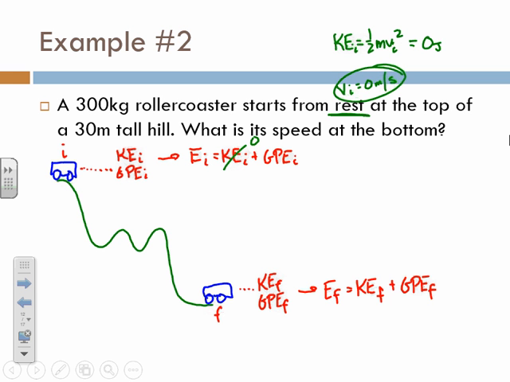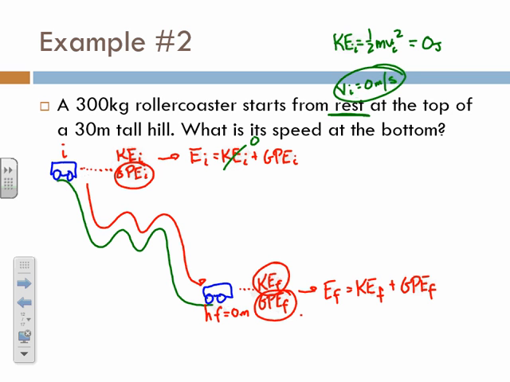At the end, we've gone all the way down to the bottom, right? And what we've done in that process, all right, is that we've actually converted all of our gravitational potential energy that we started with into kinetic energy at the ending. Because here, all right, we have our final height of 0 meters, right?